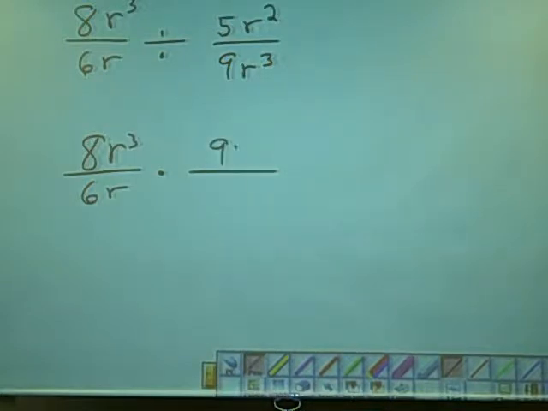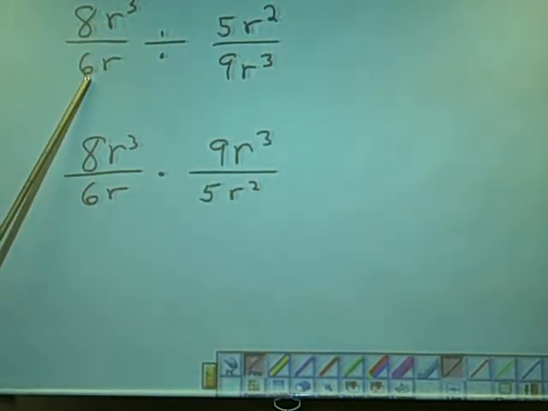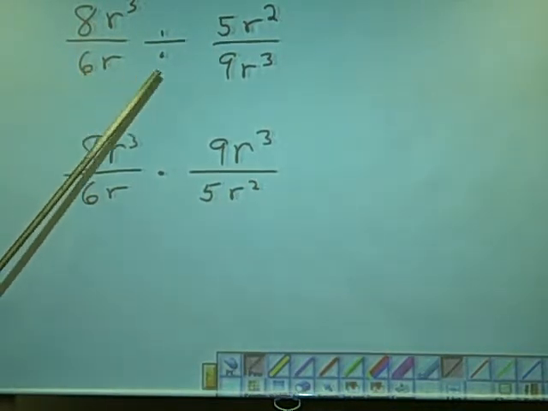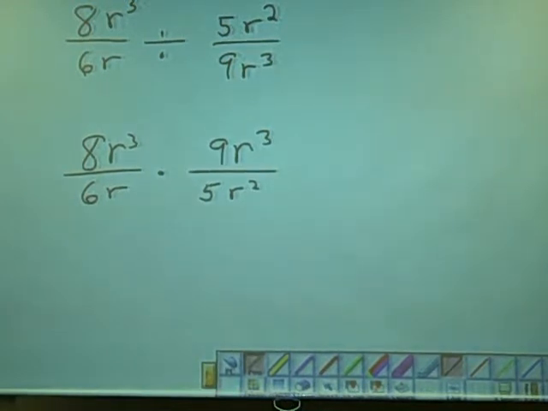Now that's going to be in the numerator. And the 5r squared is in the denominator for the second term. Now here we could have canceled before flipping it. But you want to get into this routine of doing the same thing every time, and that way you reduce your amount of mistakes that you're going to make.